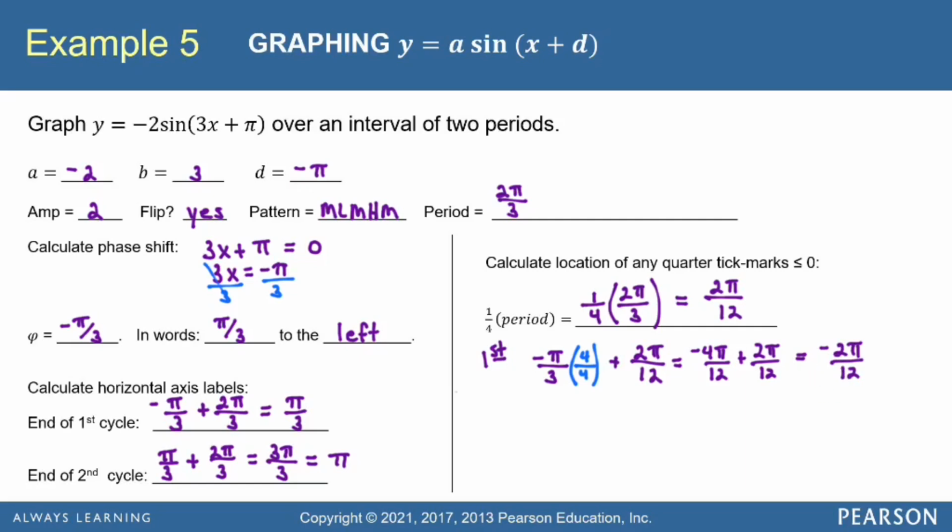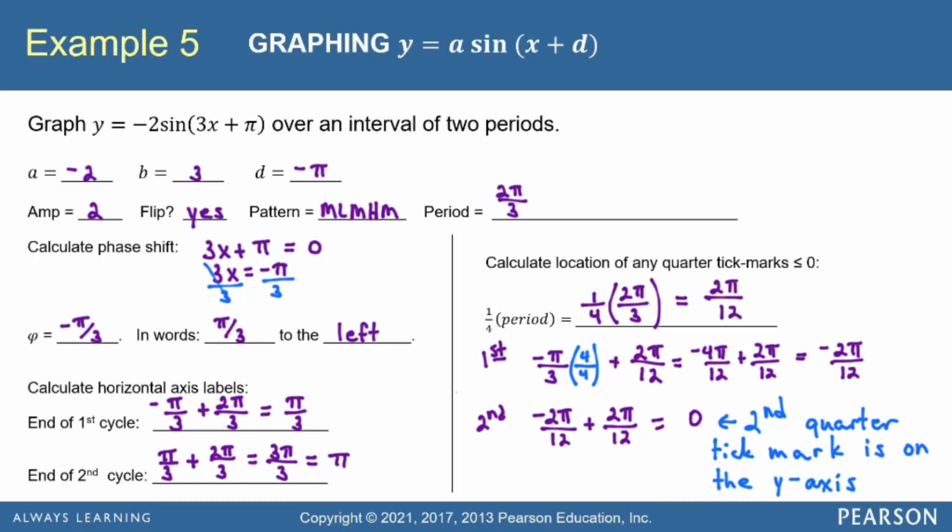So it's still to the left of the y-axis. So that means we have to calculate a second tick mark. And if we now go negative 2 pi over 12 plus another quarter of a period, so plus another 2 pi over 12, that puts us at 0. So the first of our 4 marks after the initial mark goes to the left of the y-axis, but the second one goes exactly on the y-axis.